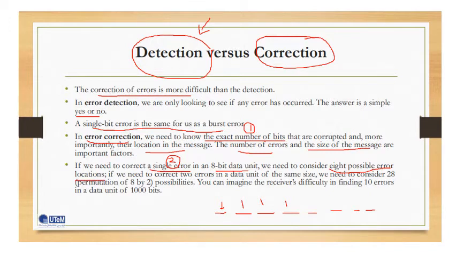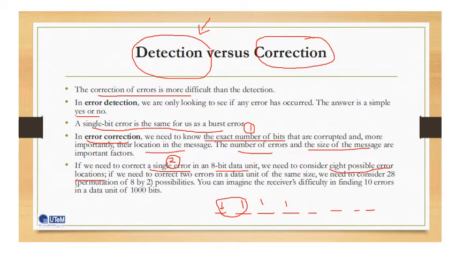Okay. So if we need to correct 2 errors, let's say the errors might happen here at locations 1 and 2, or 1 and 3, 1 and 4. So we can identify the possible locations of the error. How to calculate the total?